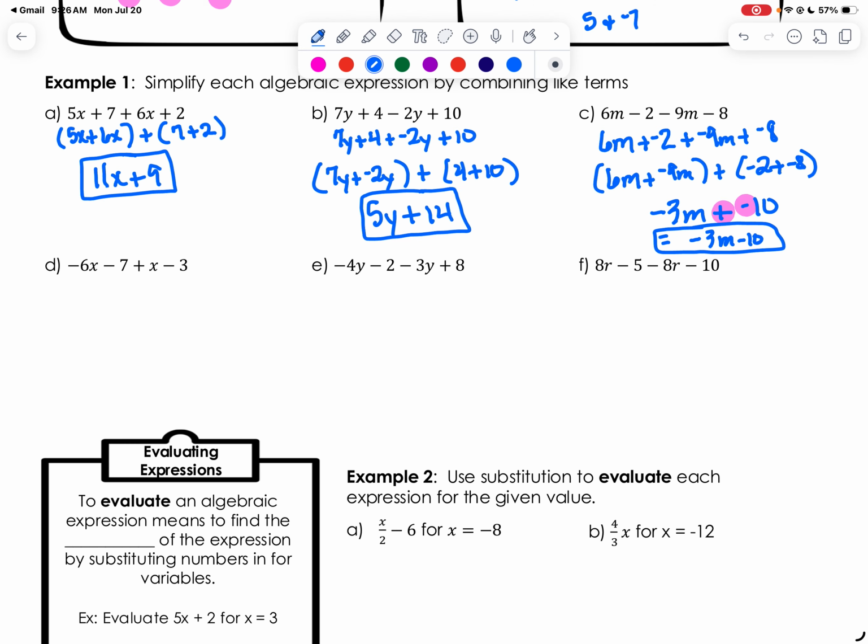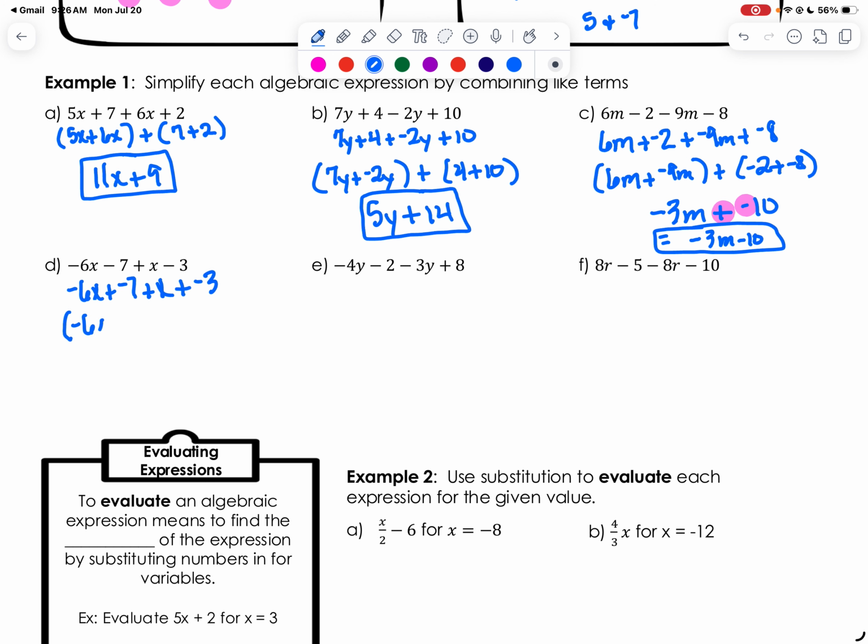All right, problem D, negative 6x minus 7 plus x minus 3. So the first thing I want to do is rewrite all of the subtraction as addition of the opposite. So this would be negative 6x plus negative 7 plus x plus negative 3.